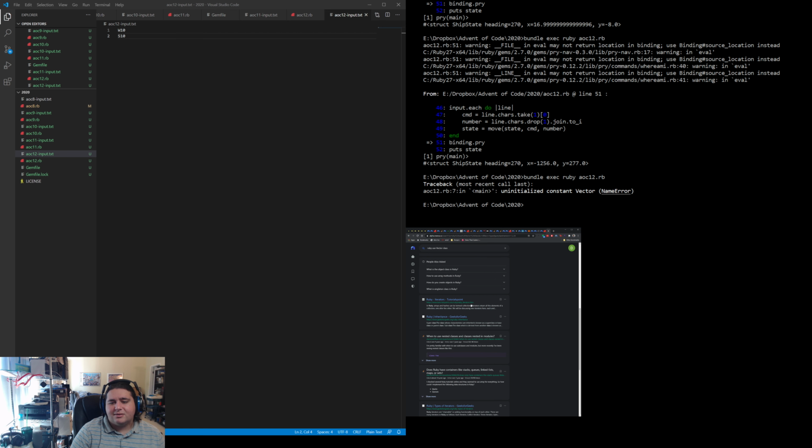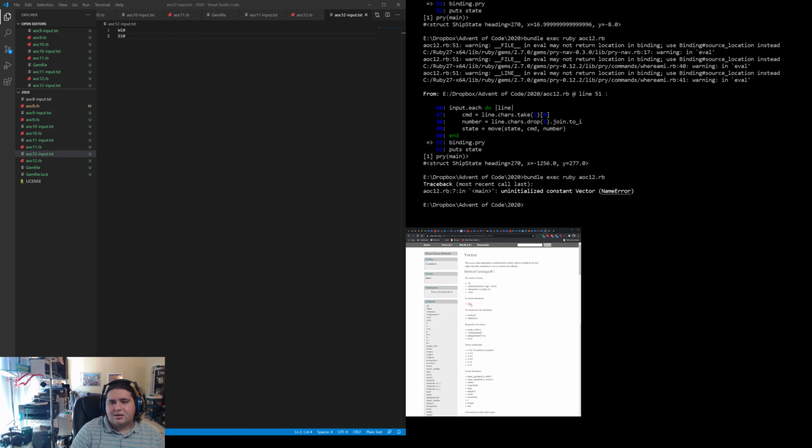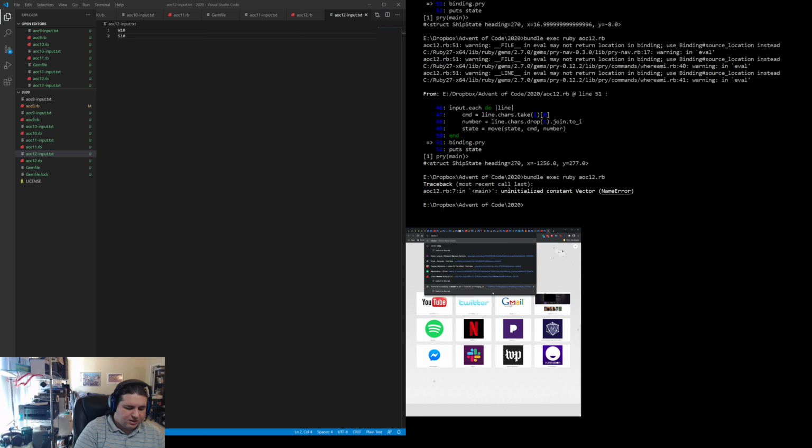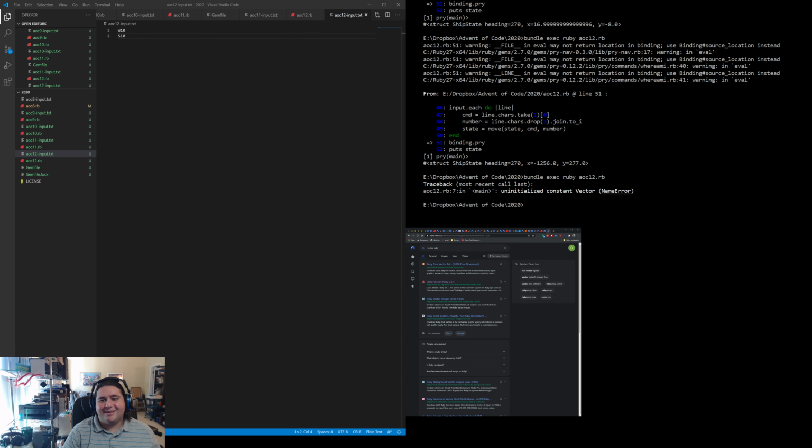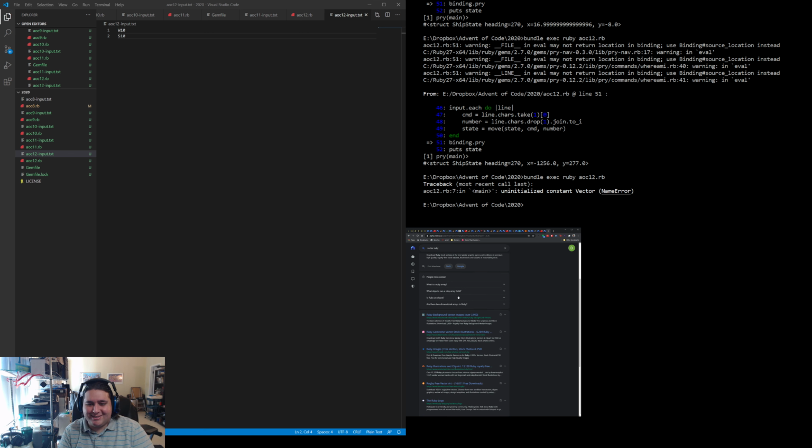How is this so... Why does Ruby make it so hard to just use the code I want to use? Would it be so... would it be so hard to do this? I don't know.